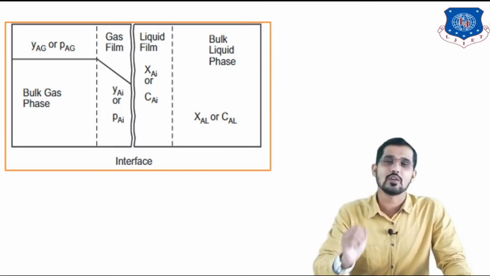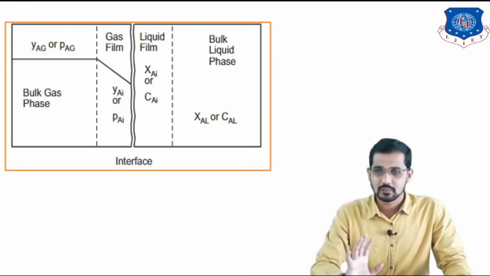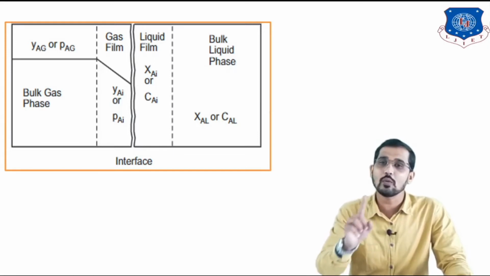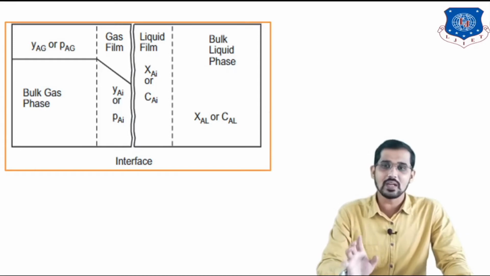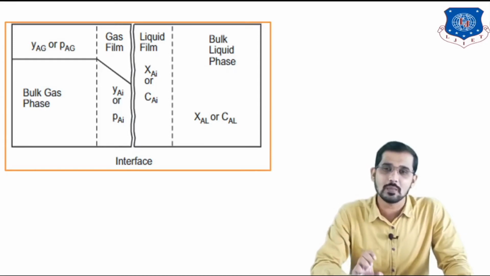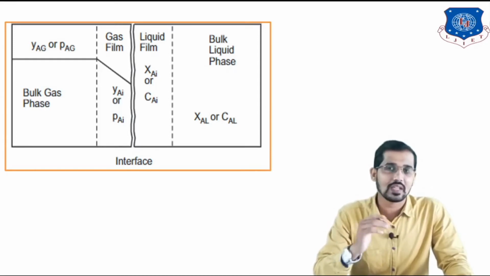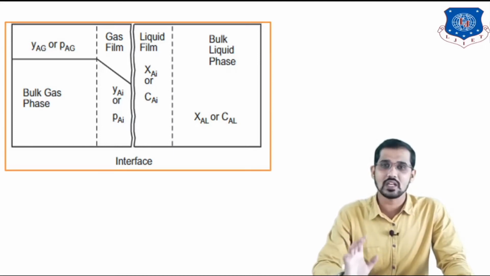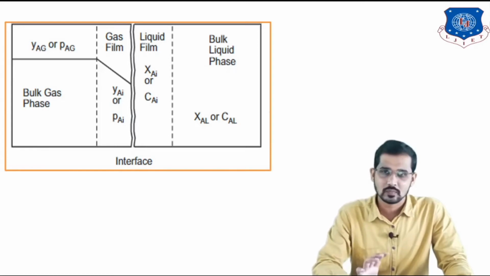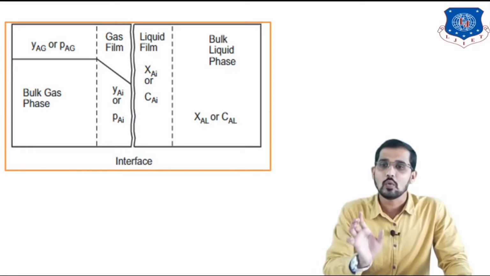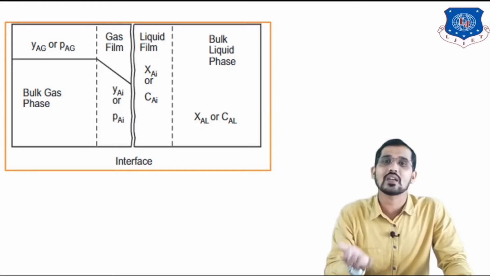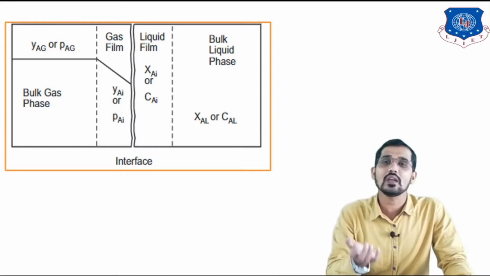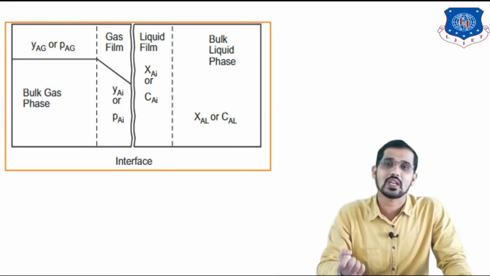If there is a component B, I can write yBG. Similarly, a partial pressure term is involved. Whenever we are dealing with the gas phase, we can write concentration in terms of partial pressure as well. That is represented for component A by pAG. So yAG and pAG are the notations for the bulk gas phase, meaning concentration or partial pressure at any point in the inner or bulk part of the gas phase.